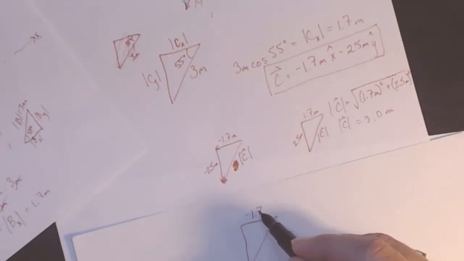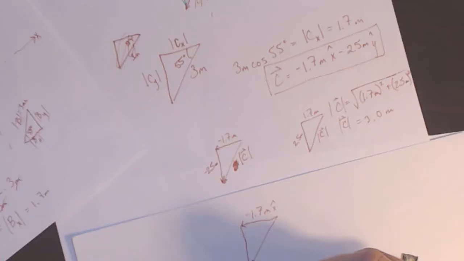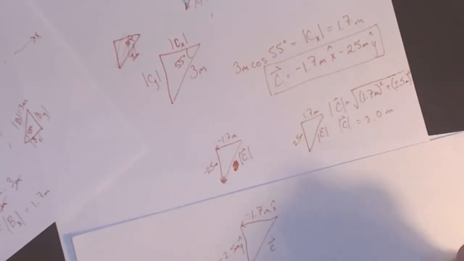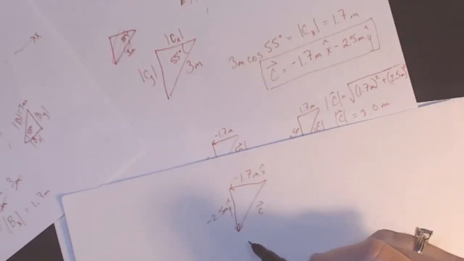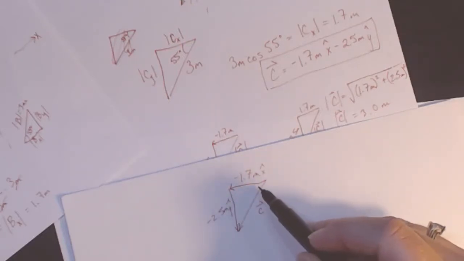It was negative 1.7, like x hat, that one. Negative 2.5, y hat, it's that one. All right, so I know I went like this into the third quadrant.